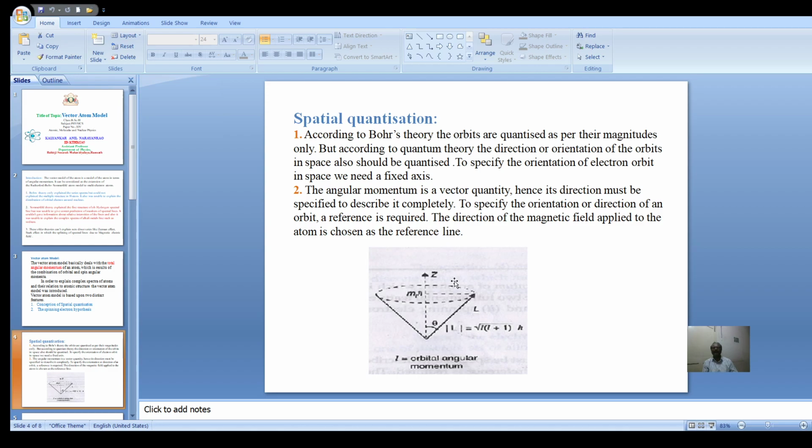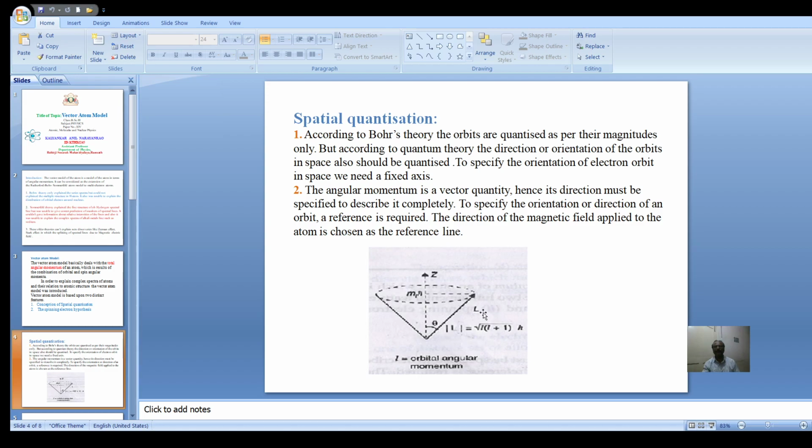When an external magnetic field is applied to the motion of electron, then the direction of magnetic field can be chosen as the reference axis, as we see in this figure, that is the z-axis, about which the orbital angular momentum vector capital L is precessing.